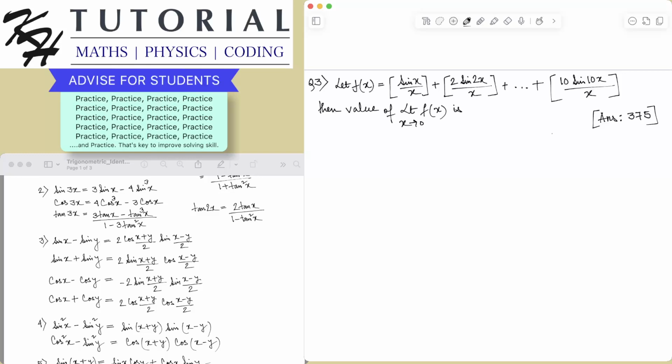I discussed one concept while discussing the standard results of limits of trigonometric functions of sin x by x, and this concept you must always remember.